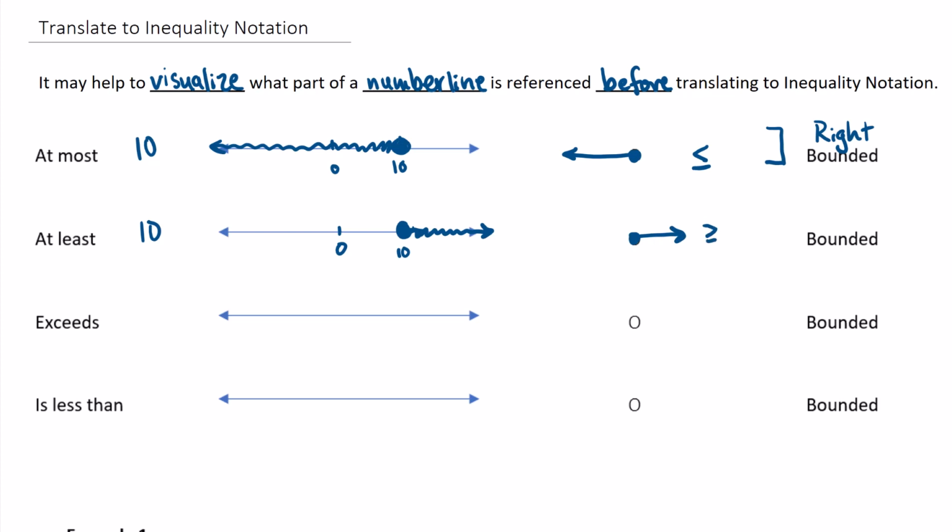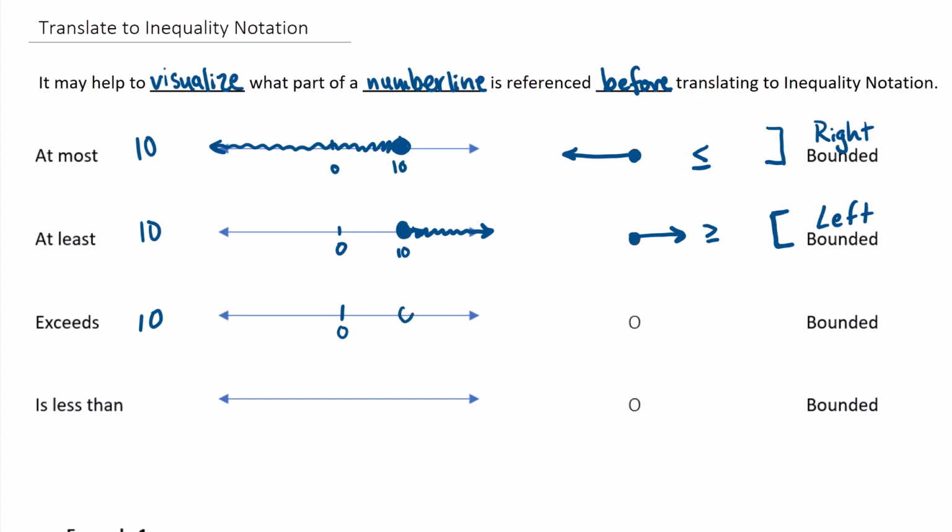Similarly, our inequality would point to the right with an equal line under it to include the value of 10. This one we say is left bounded, and so our interval notation bracket would be closed to the left.